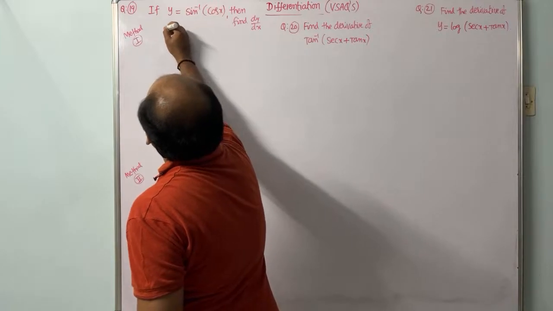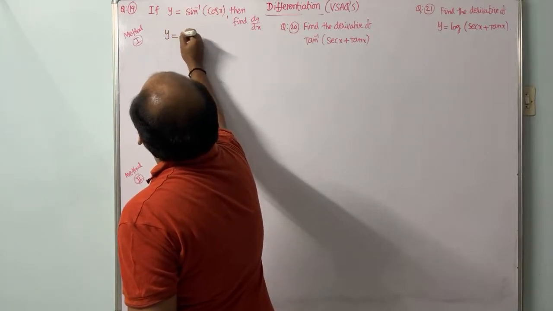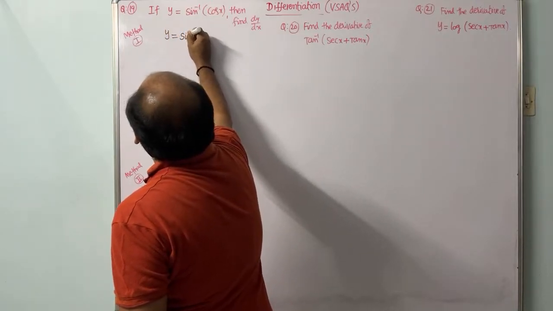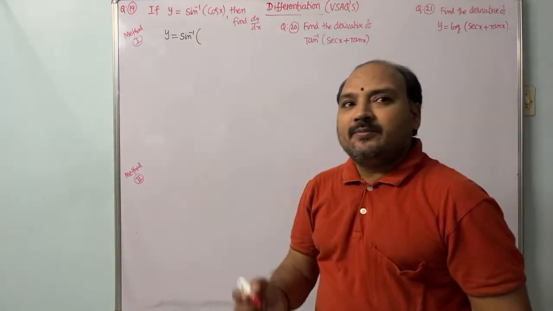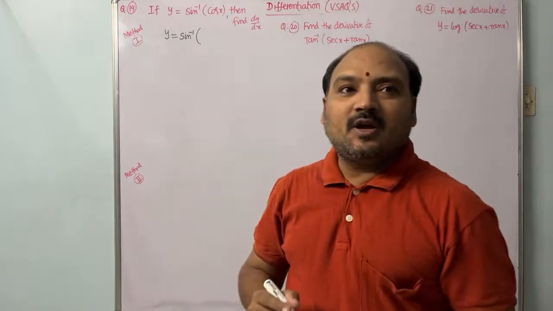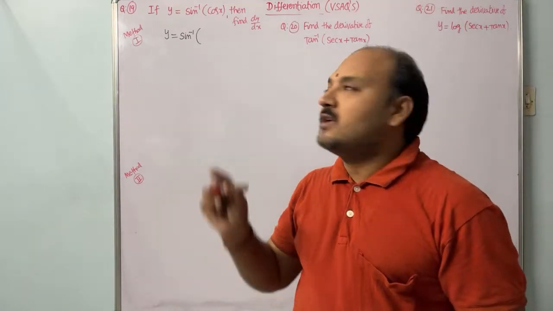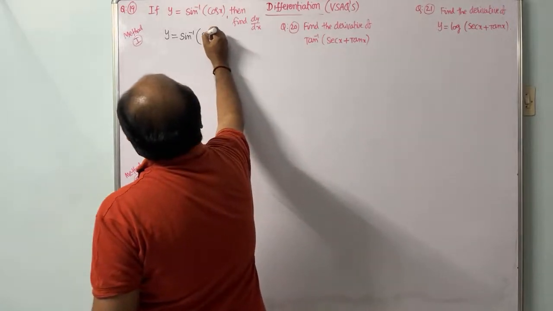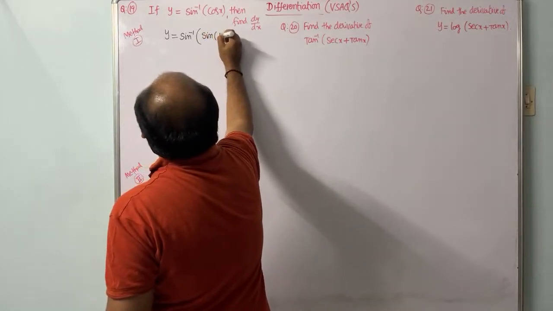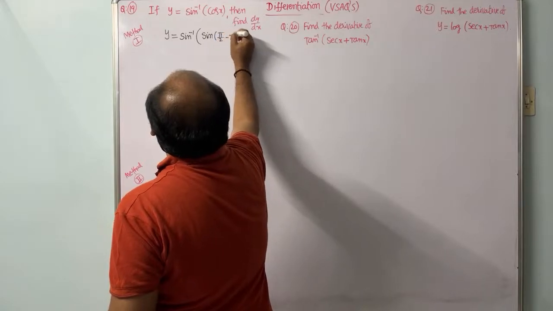So first, y is equal to sine inverse of this cos x. Can I write it in terms of sine? How can we write cos in terms of sine? Sine of 90 minus theta, so that means sine of pi by 2 minus x.